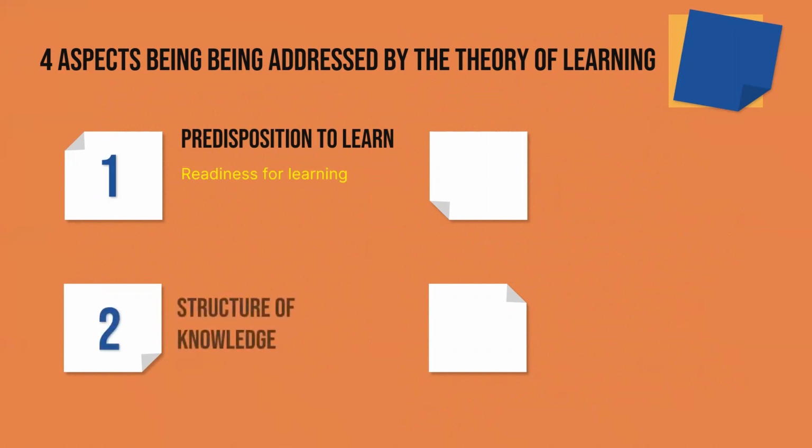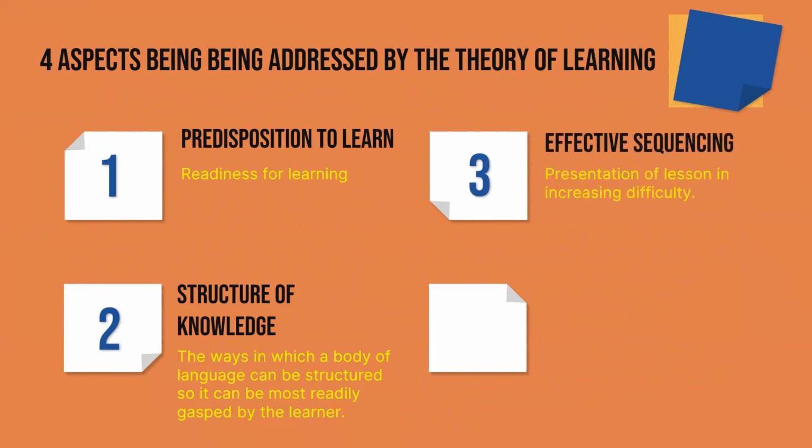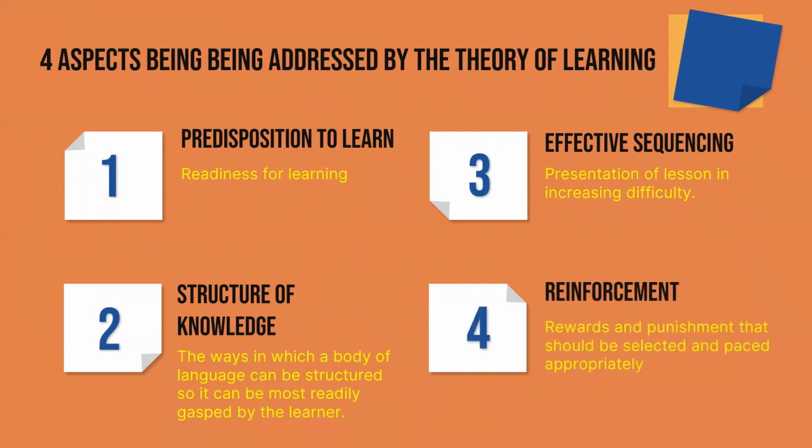Number 2, structure of knowledge, the ways in which a body of knowledge can be structured so it can be most readily grasped by the learner. Number 3, effective sequencing, presentation of lesson in increasing difficulty. And number 4, reinforcement, rewards and punishment that should be selected and paced appropriately. So let me explain to you briefly each aspect.